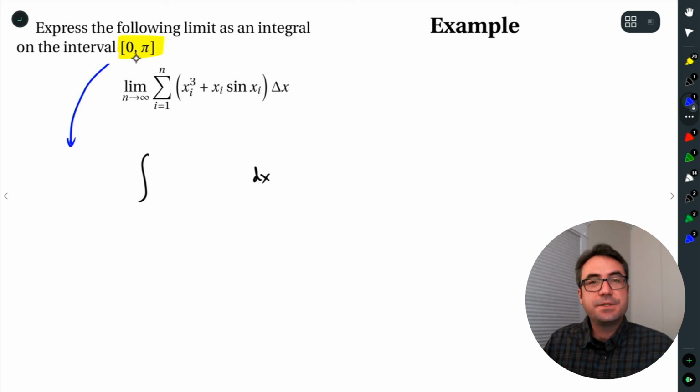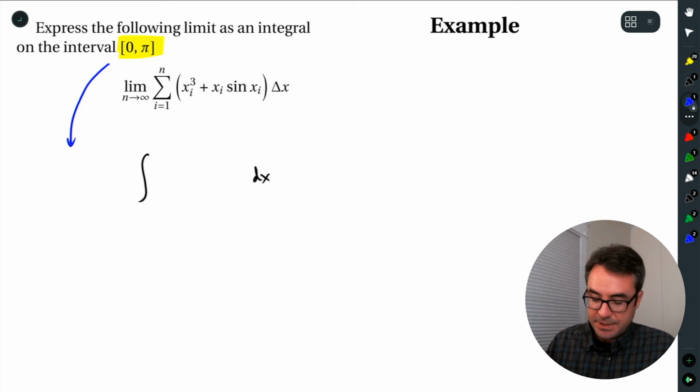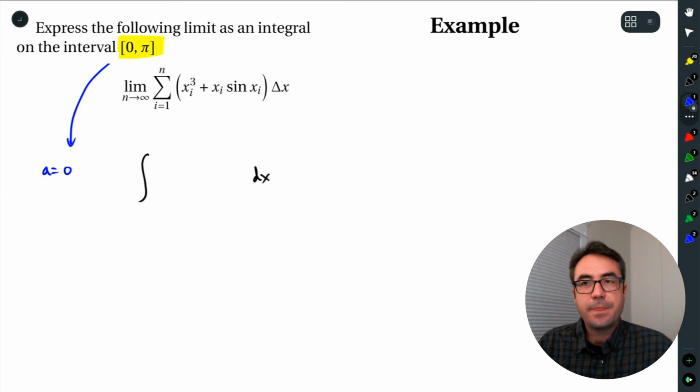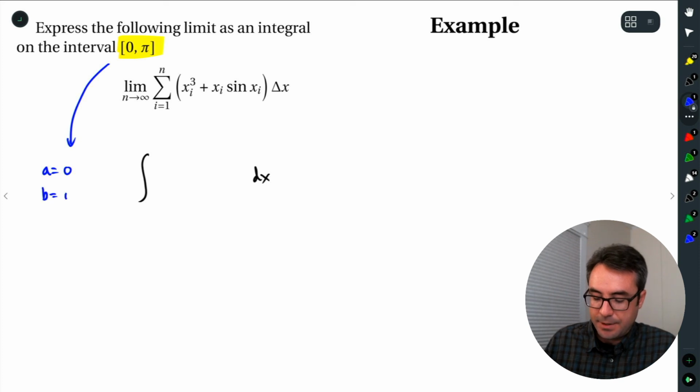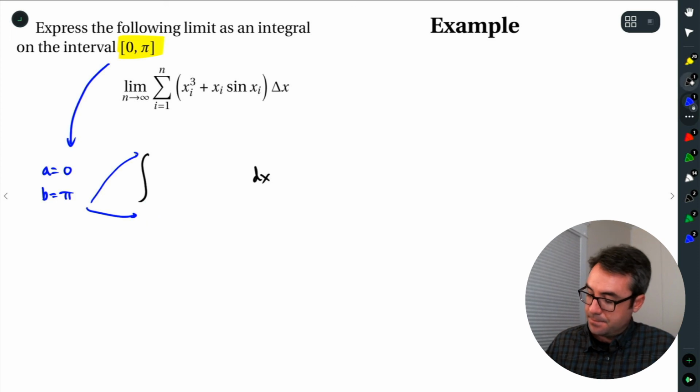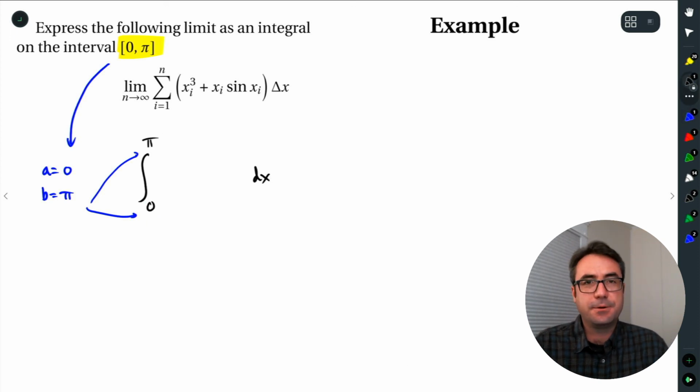So if we're looking at this interval from 0 to pi, what this is really telling us is that the starting value is 0, and our ending point is pi. So that means we're going to integrate from 0 to pi.